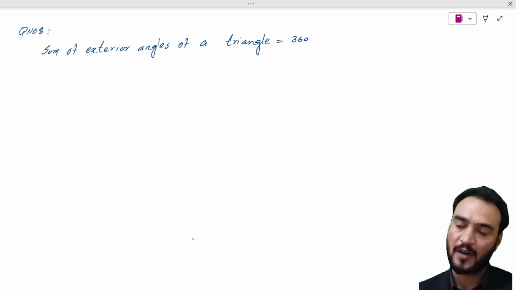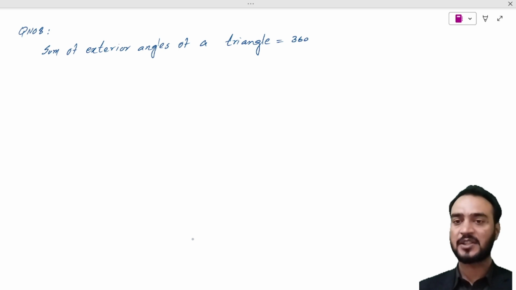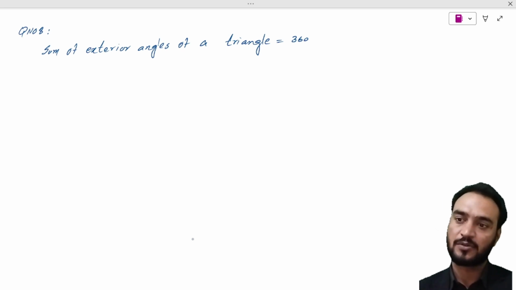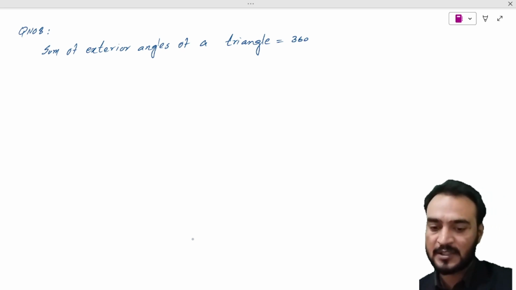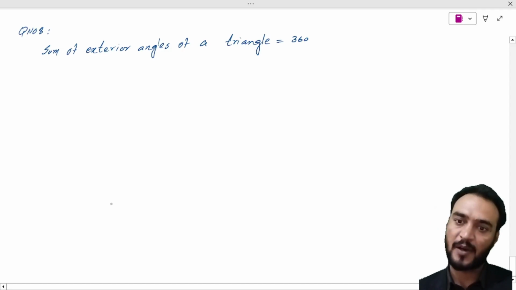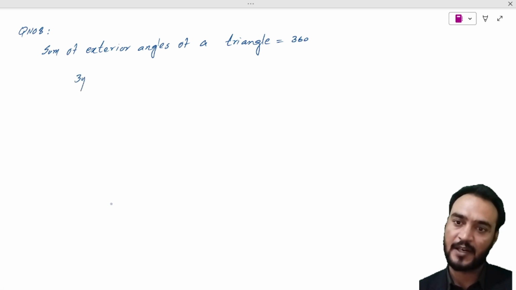We know that the sum of exterior angles of any polygon, including a triangle, is equal to 360 degrees. Now the exterior angles given in the question are 3y, 4y and 5y degrees. So the sum of these angles, 3y degrees plus 4y degrees plus 5y degrees, these are the exterior angles and their sum is equal to 360 degrees.